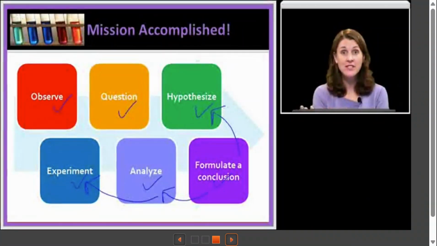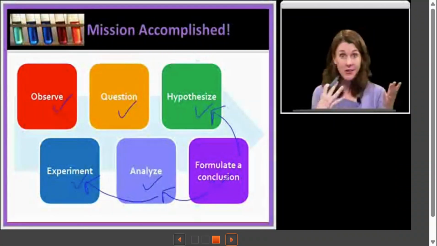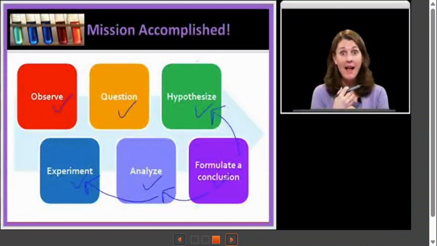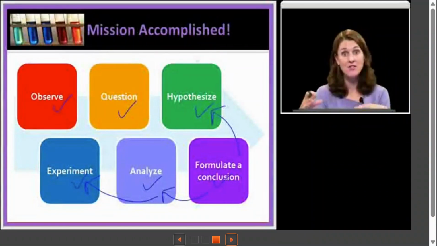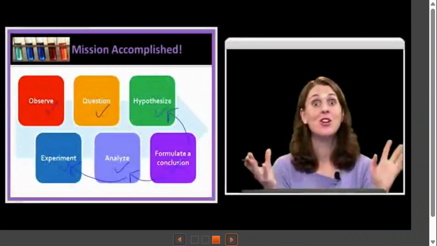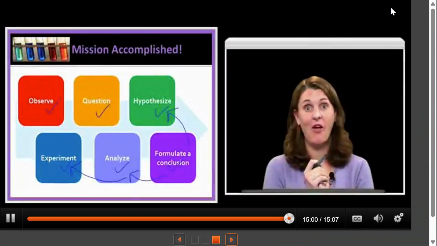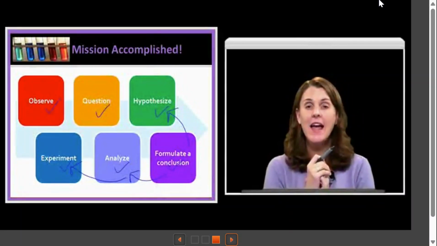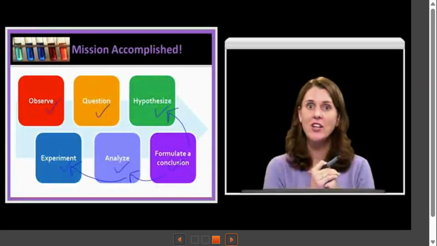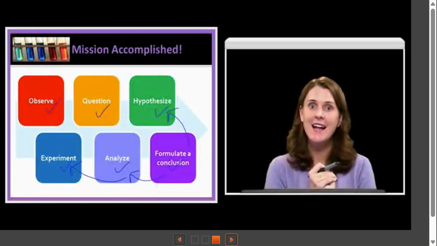Even if you did not prove it to be correct, you still want to explain why in either case. So you always want to go back to what happened during the experiment. That's the whole reason you write down your data and you analyze your data. So now we've covered all of the steps involved with scientific inquiry, and you are ready to start running your own controlled experiments as scientists.